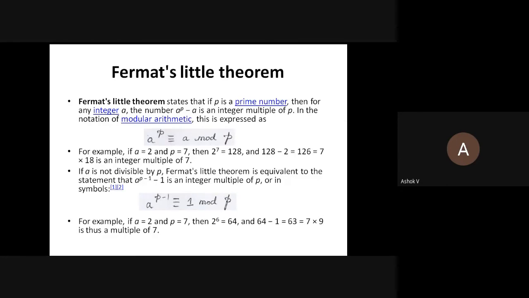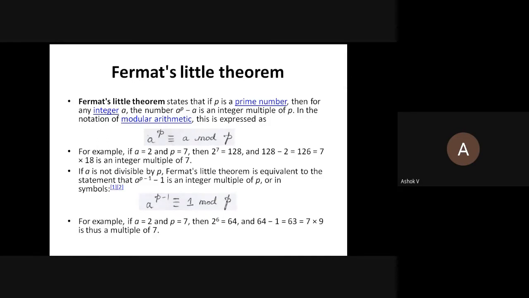Euler, in 1743, as we already saw with Euler's theorem, presented the same theorem with a published proof. That is why we call it Euler's theorem. We are not specifying Fermat's theorem; we always do problems with Euler's theorem.